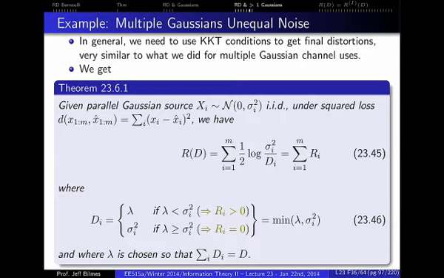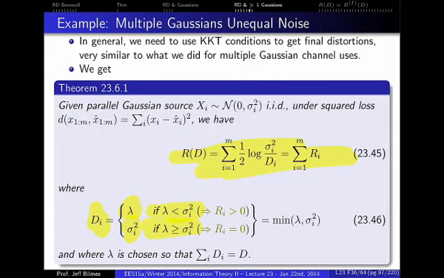We get that the rate distortion function under the squared loss joint distortion has the following form. It's this, where D_i is equal to lambda whenever lambda is less than the ith variance, and it's equal to sigma squared when lambda is greater than or equal to the ith one.